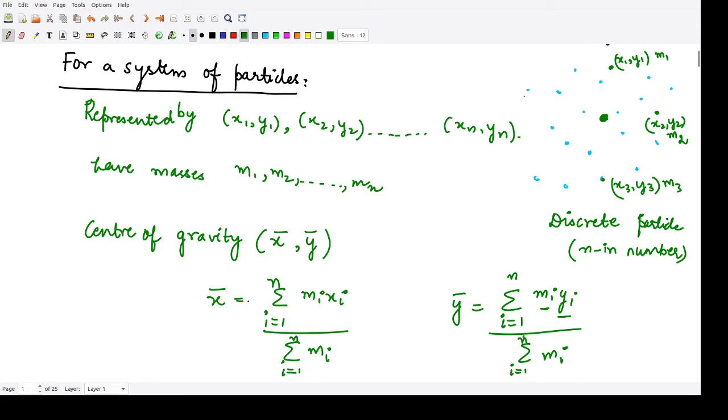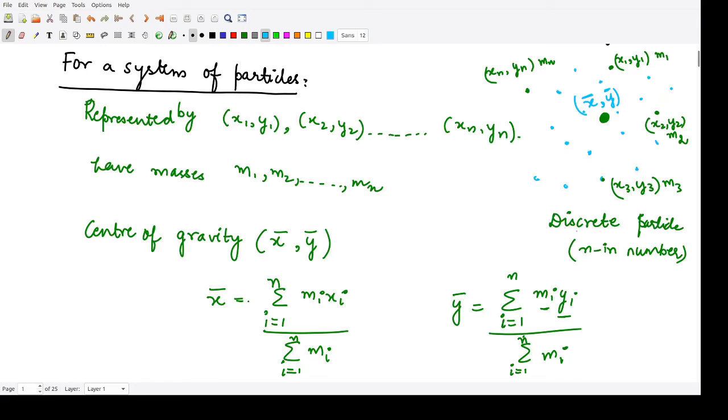Suppose we have n particles, and this is the nth particle, with position xn, yn and mass mn. Then all of these points would have certain coordinates as the center of mass, center of gravity, and we call the coordinates for this x bar and y bar. So that is the notation.